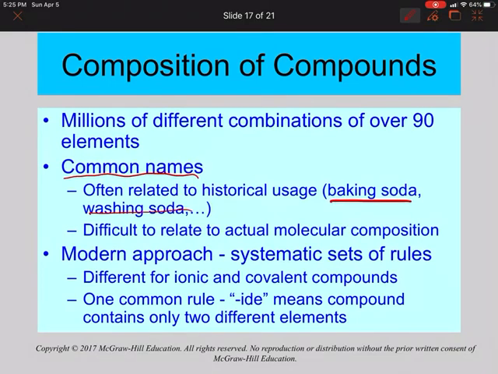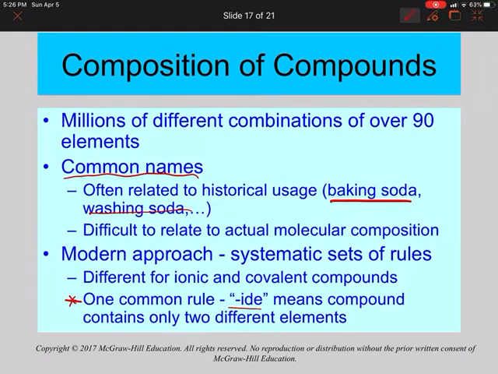And basically, we know things by common names like baking soda and washing soda instead of sodium bicarbonate, which is its actual chemical name. So we have to figure out how it gets the actual chemical name, okay? And most of the time, a common rule, that's this one right here, is that both ionic and covalent names are going to end in "ide."